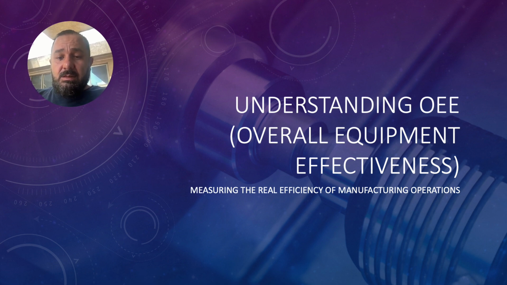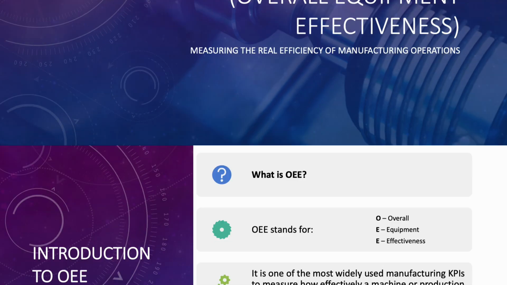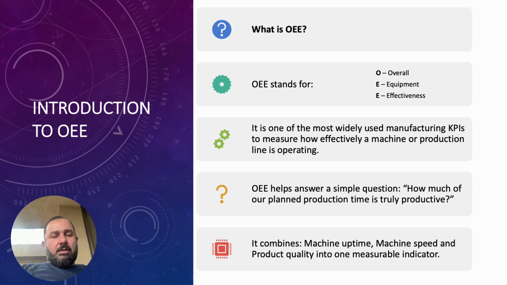So to start with, what is OEE? OEE means, as we said before, overall equipment effectiveness, and it is one of the most important KPIs that is used by manufacturers.